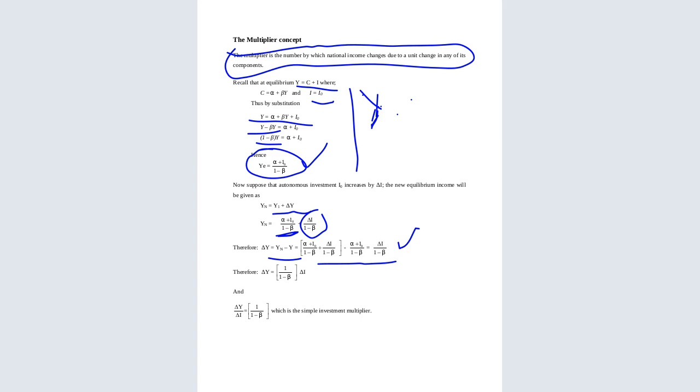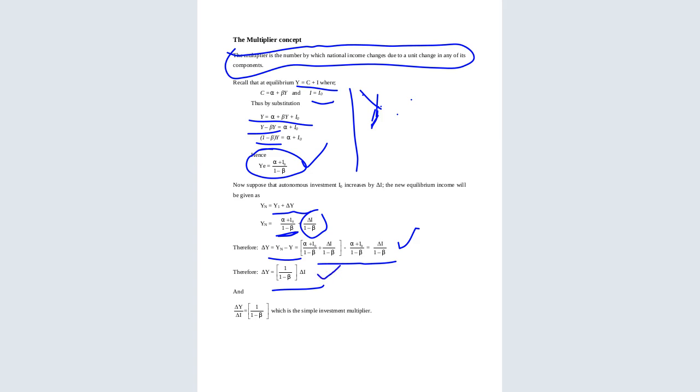And therefore your change in Y will be 1 over 1 minus beta times change in I. Then we can find the change in income over the change in investment, so you find the derivative of the income function you have here.